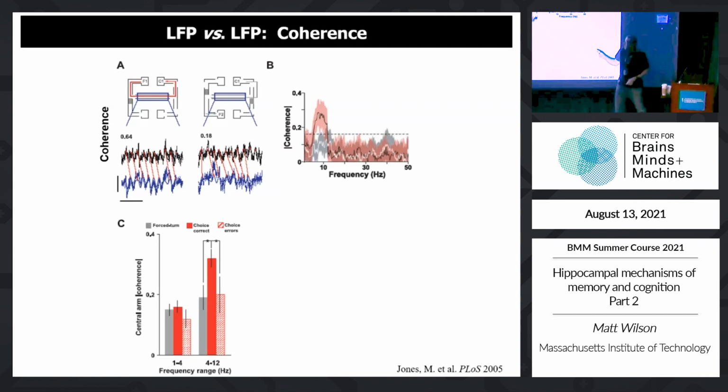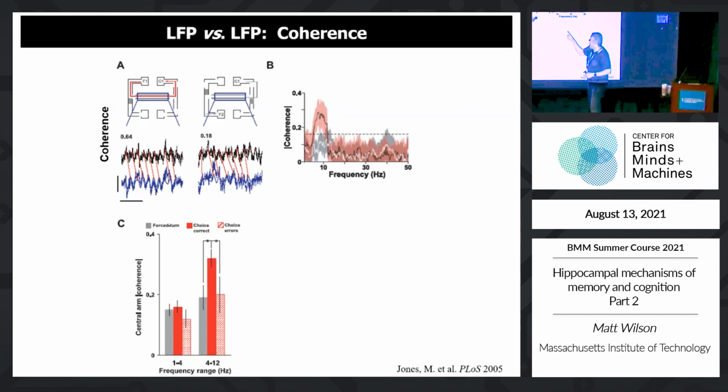And what you see here is that if you look at LFP to LFP coherence, choice versus forced in gray, choice in red, sort of the same breakdown. There's the forced direction, the choice direction when you get it right, choice direction when you get it wrong.